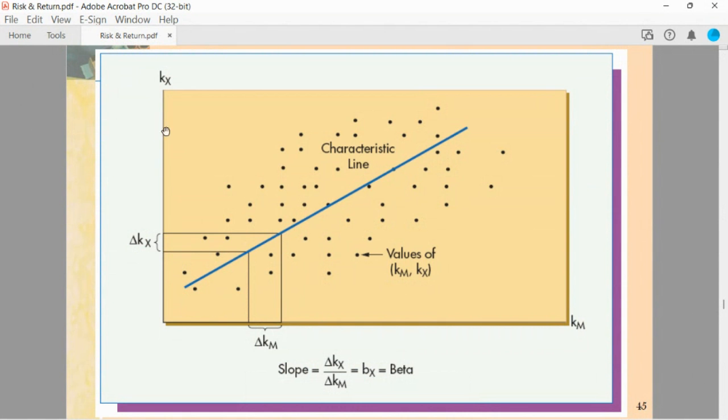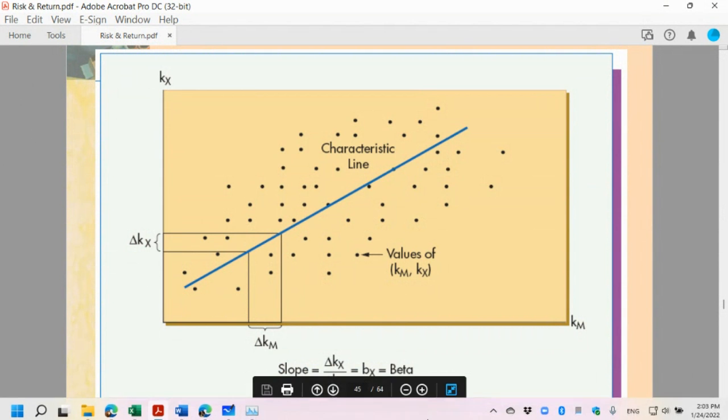Suppose x is Apple, so k x is the return. I told you k means cost of capital, so in the case of equity, it means cost of equity, meaning the return.